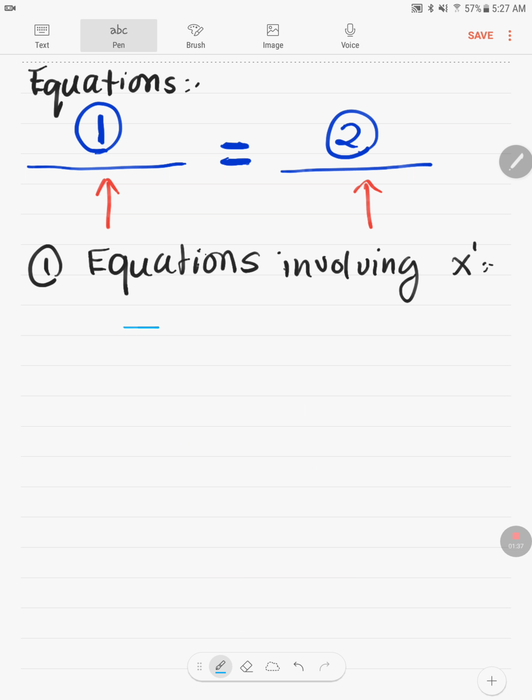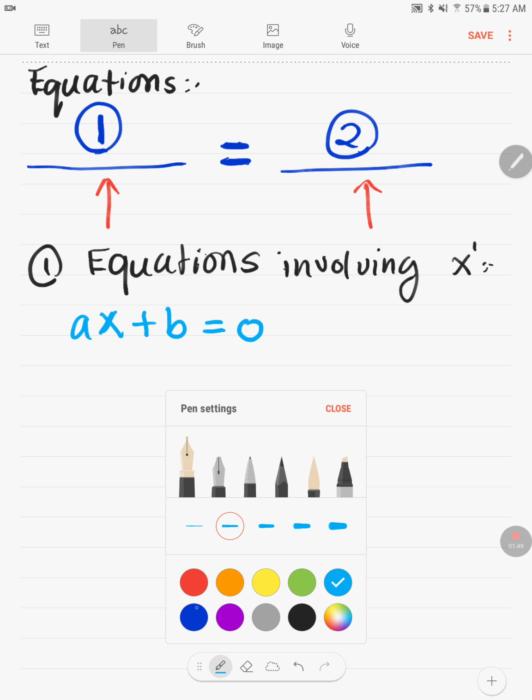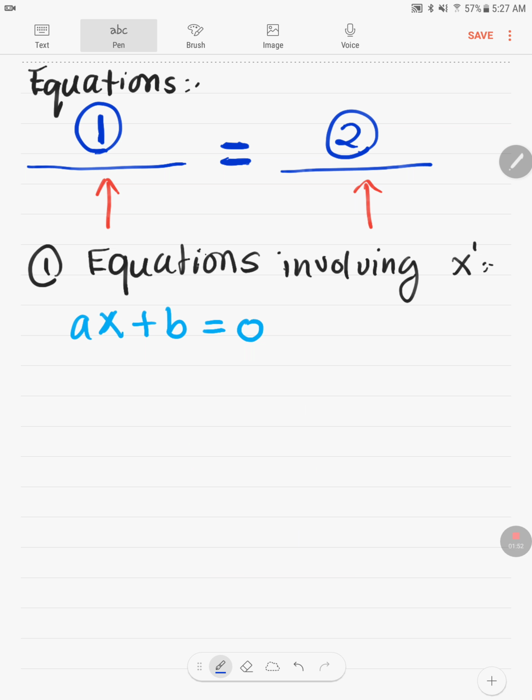These type of equations are in the following form: ax plus b equal to 0. The solution to all of these equations will be in general.